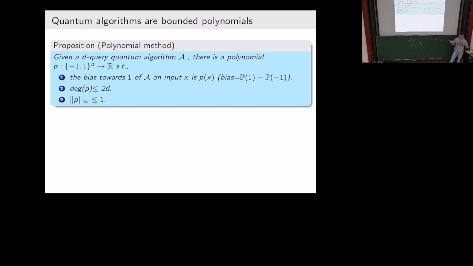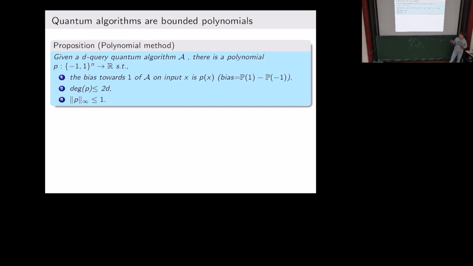You can also understand the bias, the difference between the probability of measuring 1 and the probability of measuring minus 1. So what I mean is that the bias of the quantum algorithm towards 1 is a polynomial whose degree is restricted by the number of queries the algorithm makes, and it is bounded in the infinity norm.